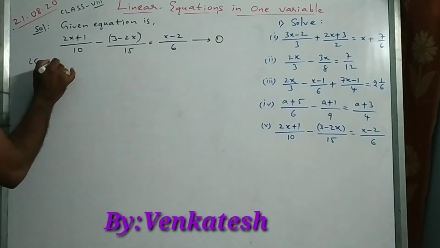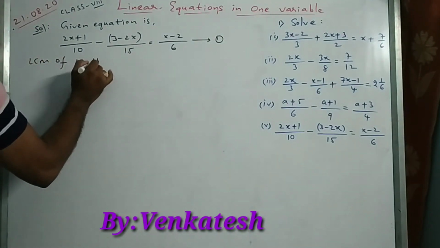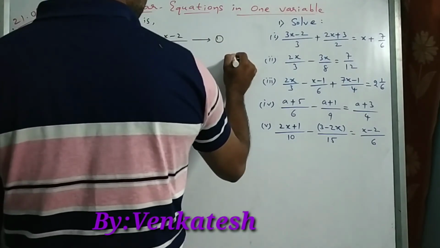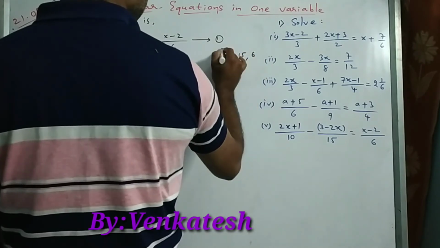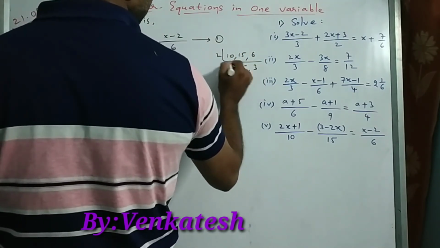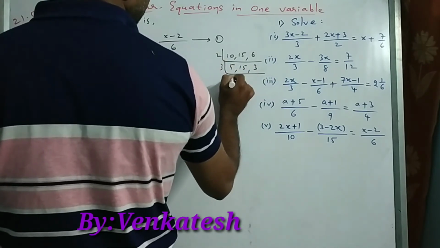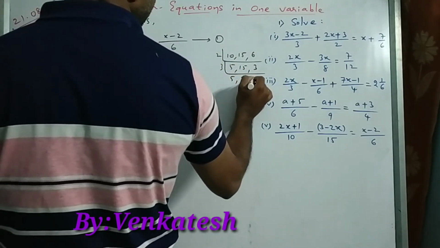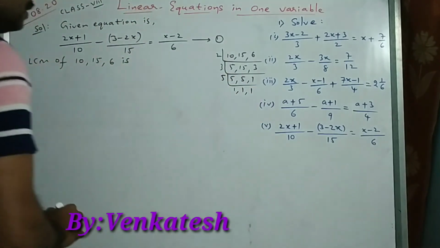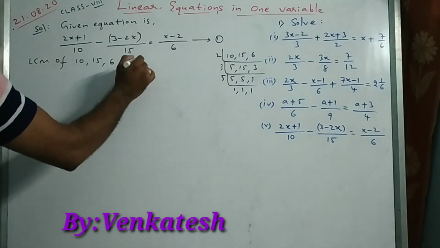The LCM of 10 comma 15 comma 6 is 10 15 6, 2 5s are 10, 2 3s are 6, 3 5s are 15, 3 1s, 5 1s, 5 1s. So 3 2s are 6, 6 5s are 30.